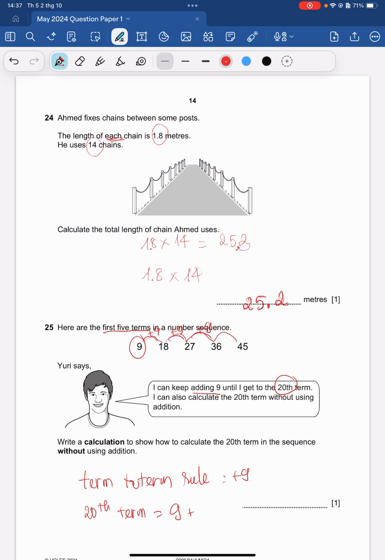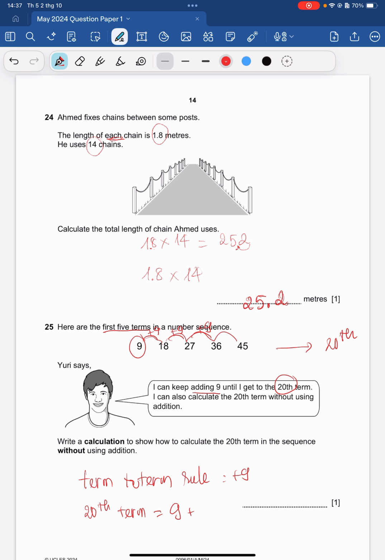So now, if we go to the 20th term, we need to add how many jumps? 19, right? Because you used the first term already. So we add 19 jumps, and each jump is 9, so we times 9, right? And now there's the calculation.